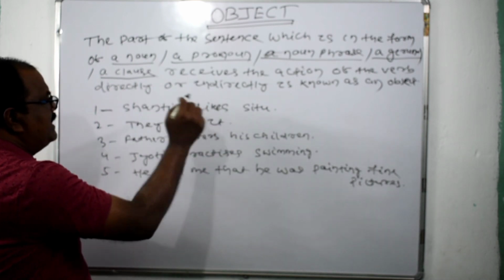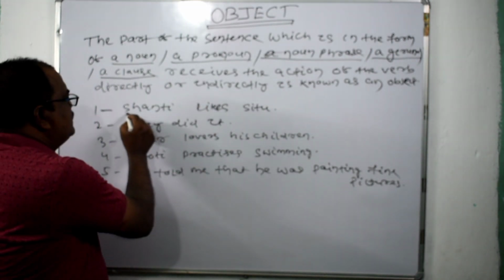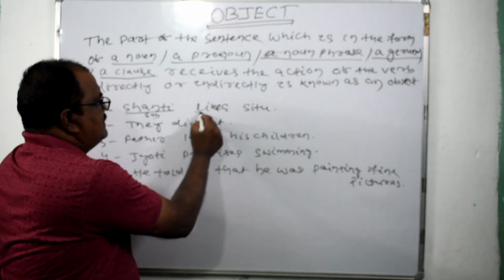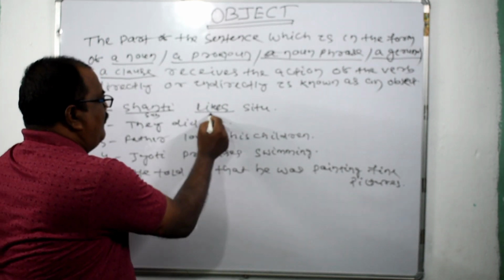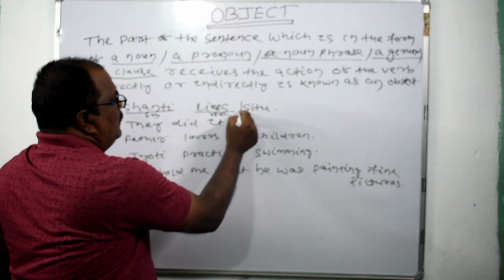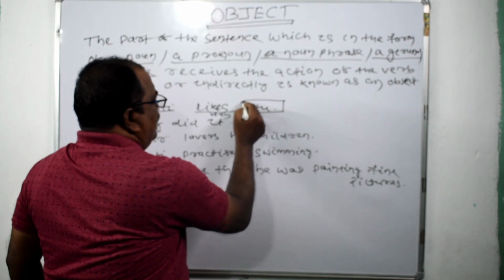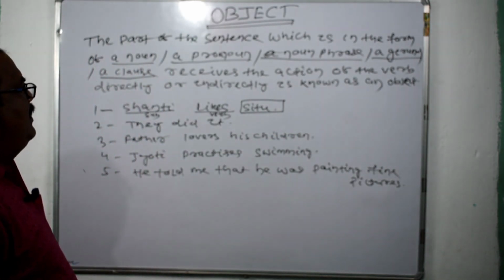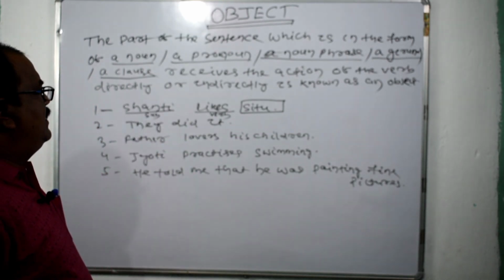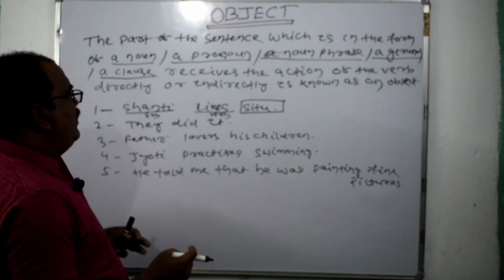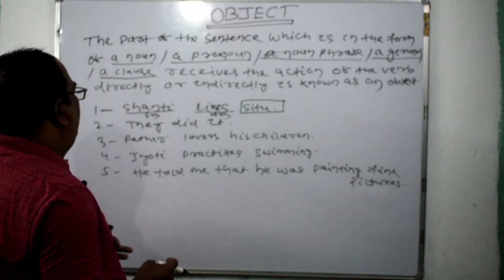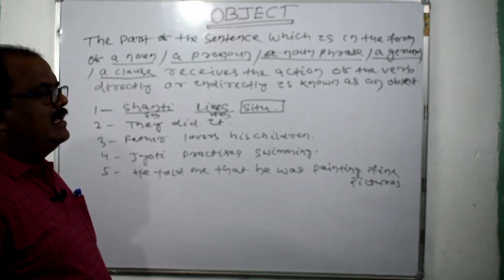In the first sentence, Shanti is the subject, likes is the verb, Sittu is a noun and it is used as an object. If we make a question, whom does Shanti like?